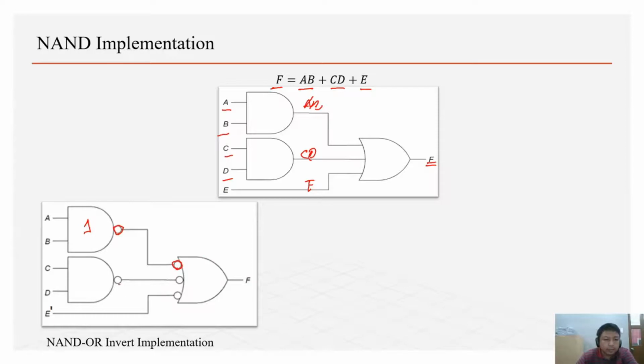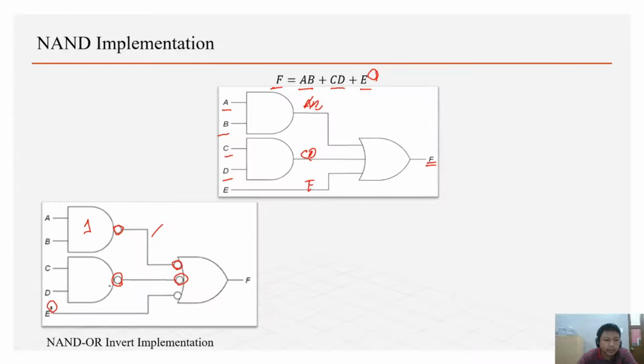The first gate, we need to put an inverter here, or what we call a bubble, and of course a bubble here. Next, we also have here a bubble that makes it a NAND gate and another bubble here.